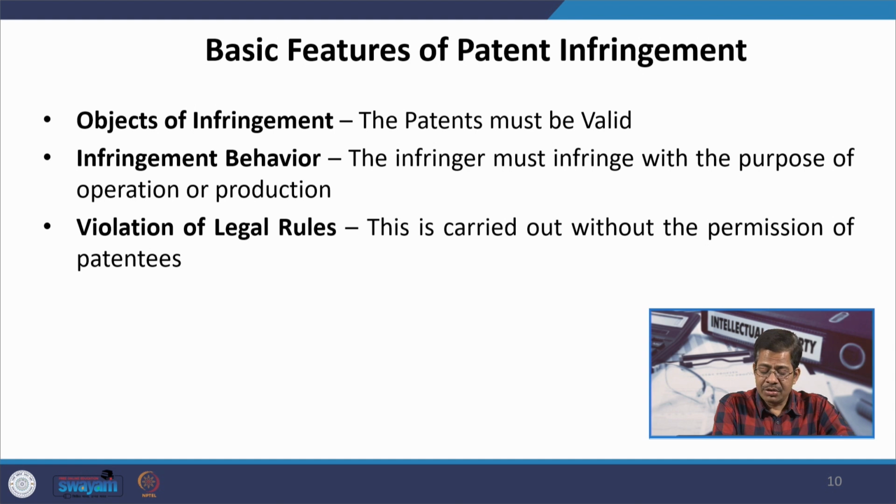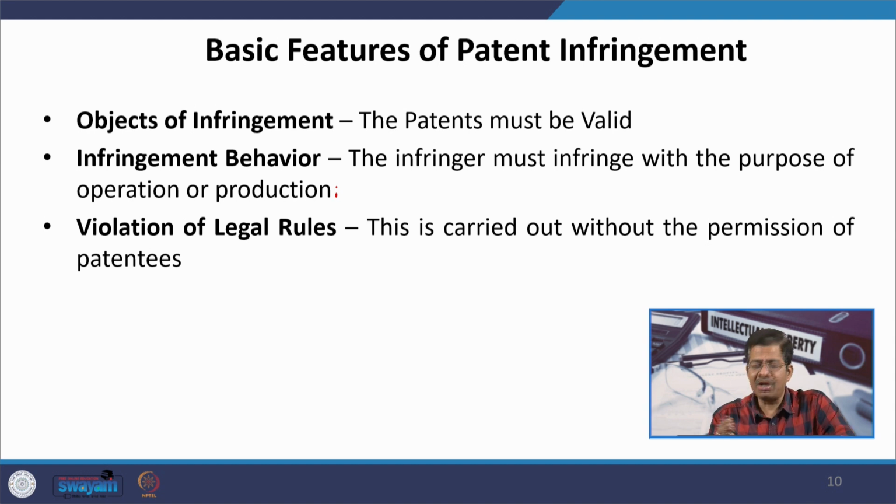infringement. So, whenever you are going to have a patent infringement case, the patent must be a valid one. If it is a dead patent, it will not be amounting to the infringement. Then the infringer must infringe with the purpose of operation or production. That means there should be some kind of commercial gains from this infringement.